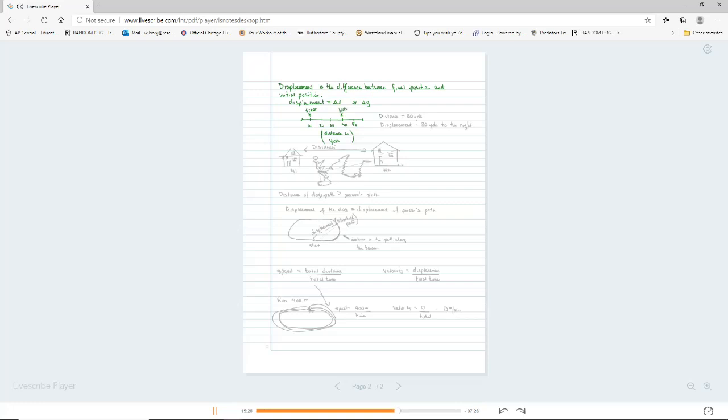The distance would be 30 yards. The displacement, though, requires two pieces of information because it's a vector. So displacement will be 30 yards to the right. That's a time when distance and displacement have the same number value, but the displacement just adds a piece of information. In this case, the information is which way did you move.